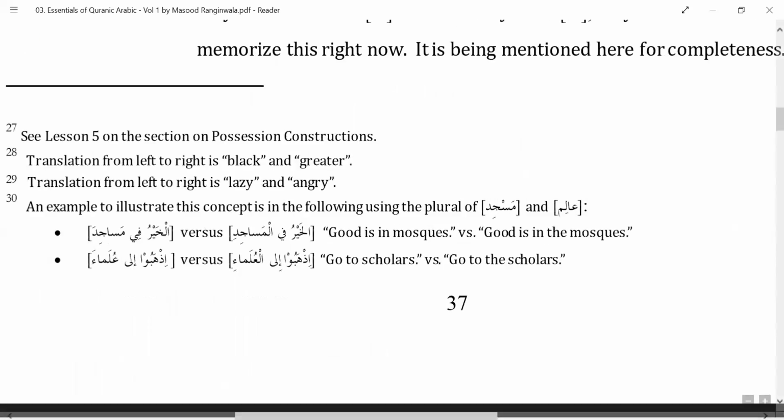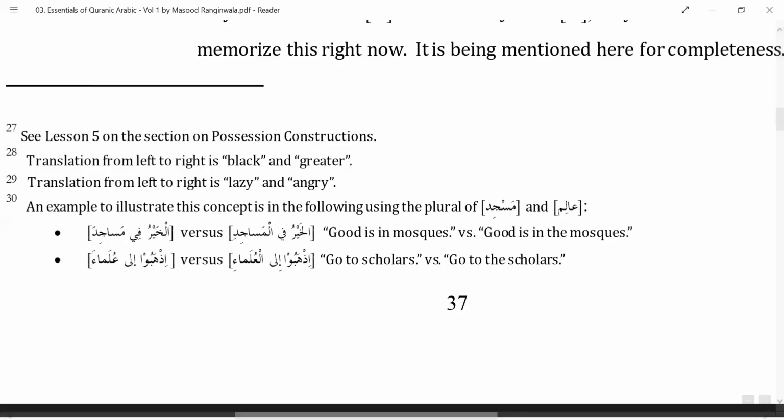Al khayru fil masjidi. You can see the kasra. When you put al, you have a kasra. But when you don't have al, al khayru fi masajida. You will not put a kasra here now.